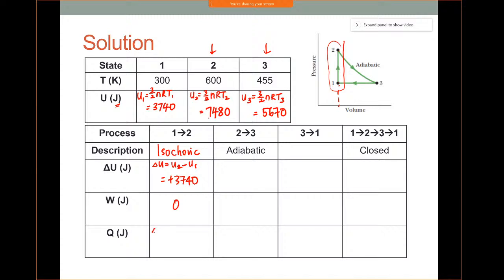Delta U equals Q minus W. So 3740 equals Q minus 0, isn't it?